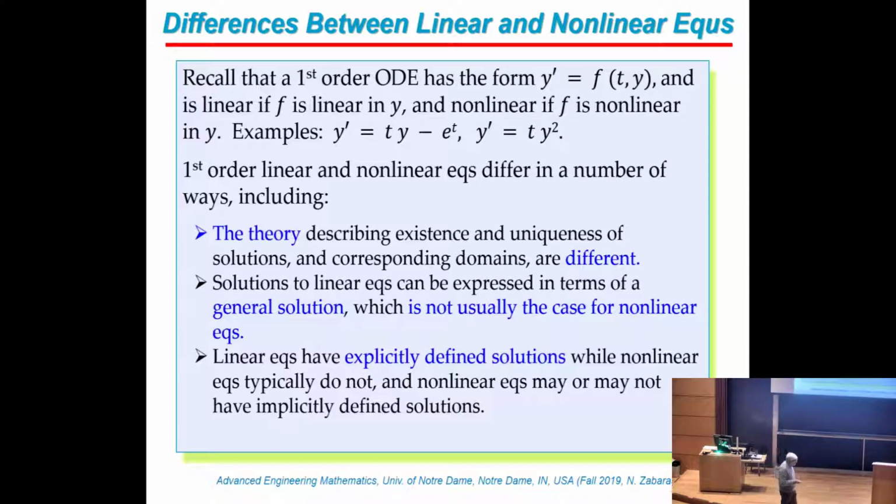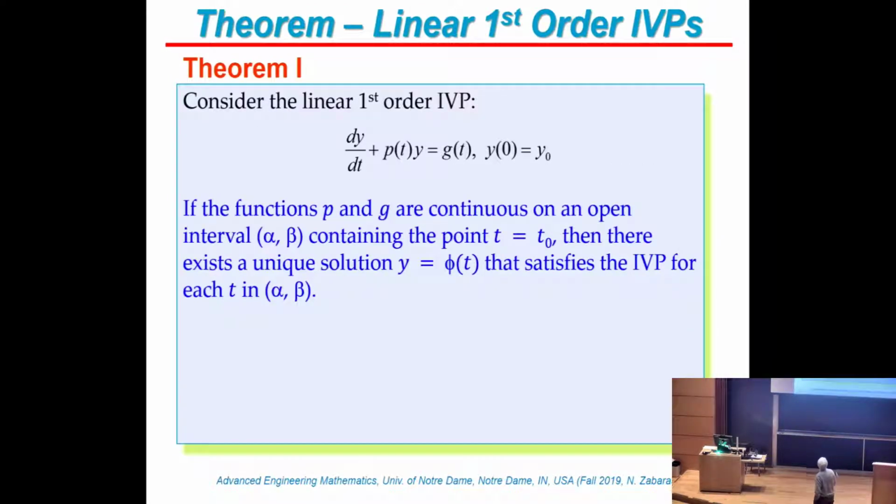The concept of having a general solution may not be applicable to nonlinear problems, and having explicit solutions is usually not the case for nonlinear equations. All right, so let me briefly, because I said the first thing would be existence and uniqueness, go ahead of myself and discuss the existence and uniqueness of solutions for the linear ODE.